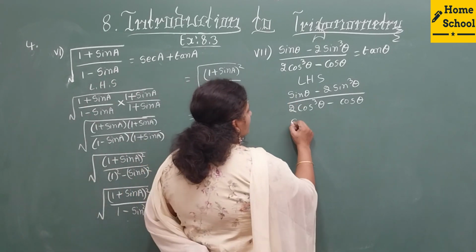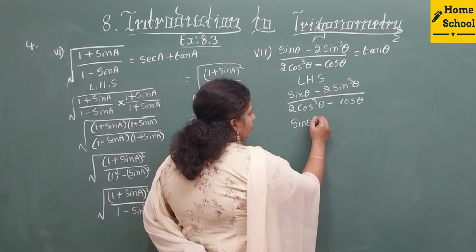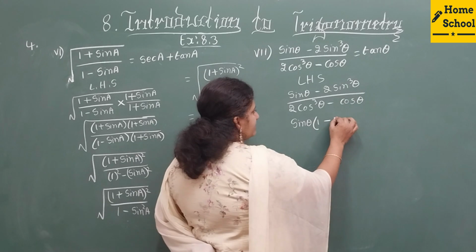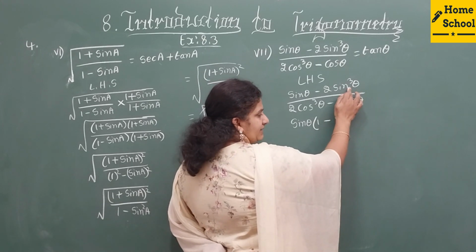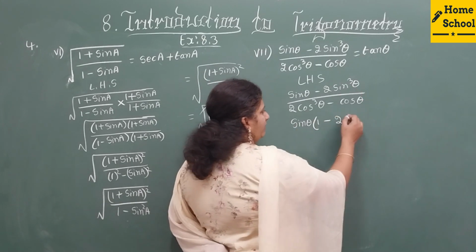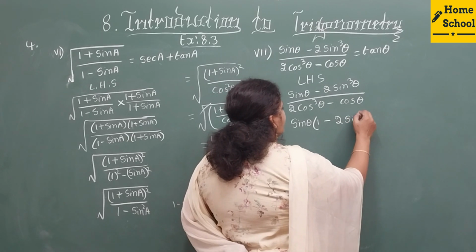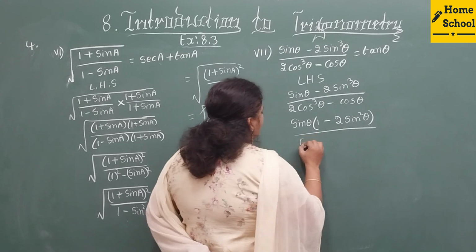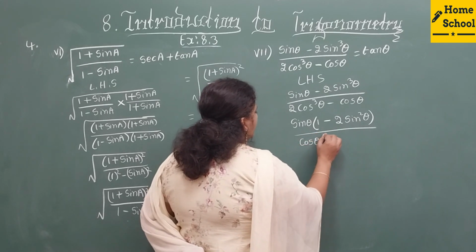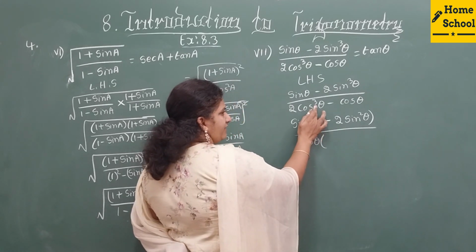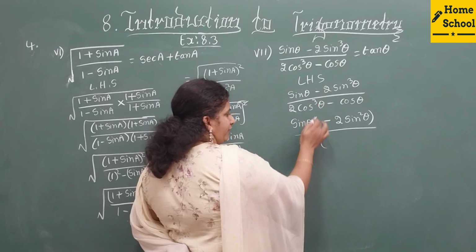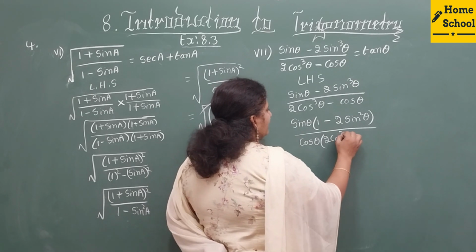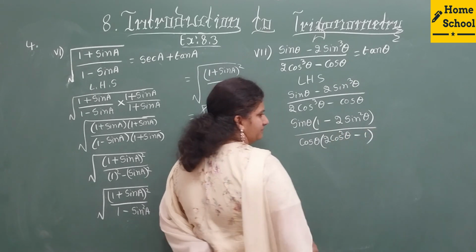Take out sin theta common, that is 1 minus 2 sin square theta. Take out cos theta common, you are going to get 2 cos square theta minus 1.